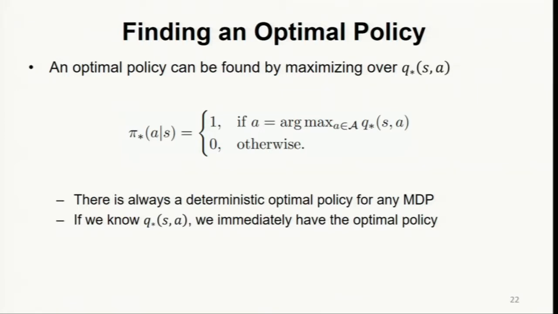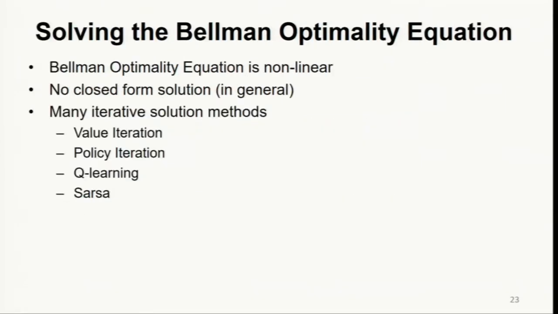So you are going to use the recursive equation to calculate either Q or V. Q is relevant to V, because if you know V, you know Q. If you know Q, you know how good the action is. You just choose the best action and make everything else 0. There's always a deterministic optimal policy for any MDP. If we know this, immediately we find the best policy.